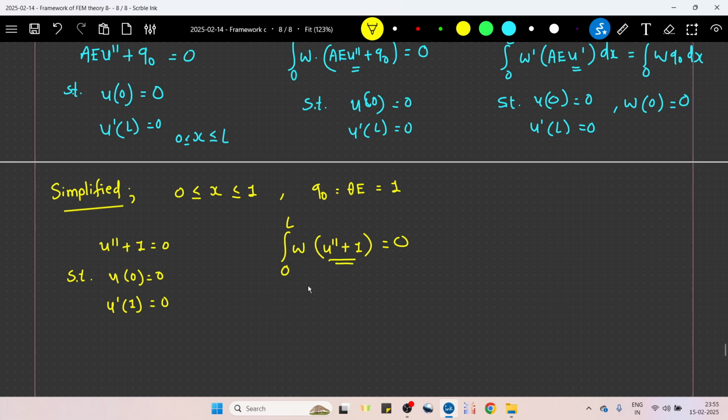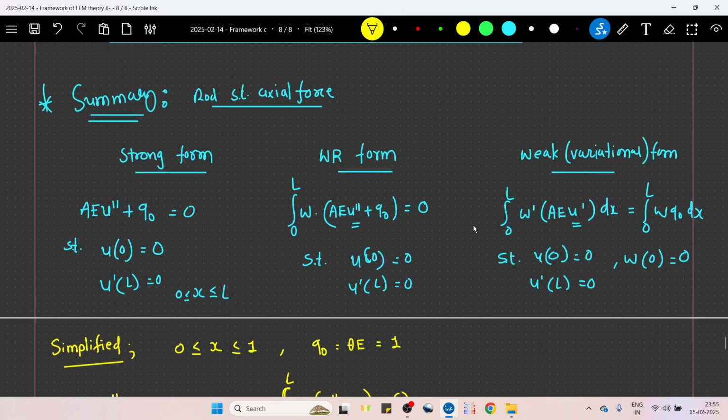We multiply it with the weight function and minimize it over the domain in an average sense. This is the meaning of this equation, subject to u0 equal to 0 and u dash at 1 equal to 0.